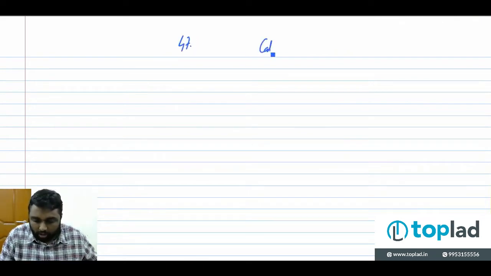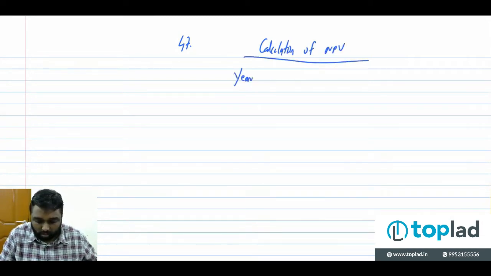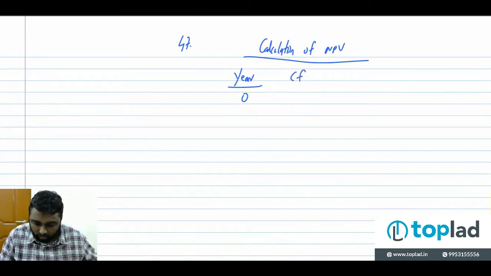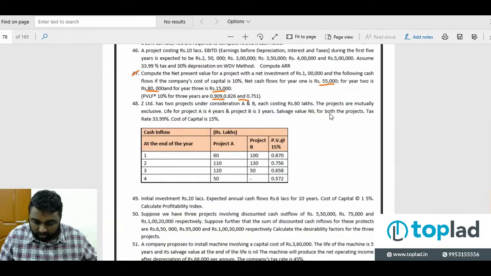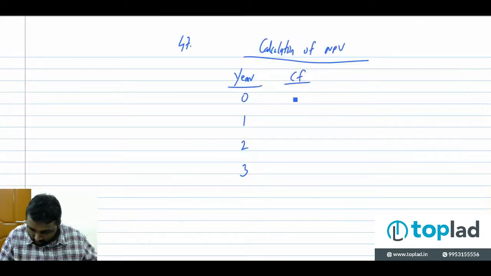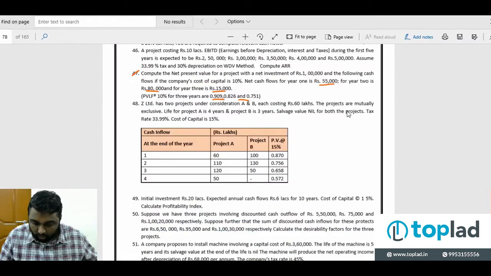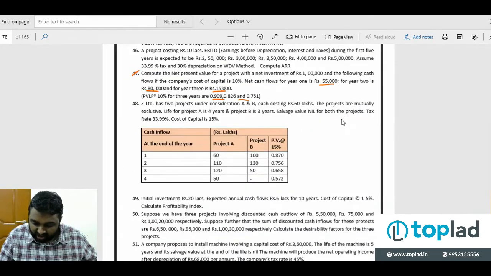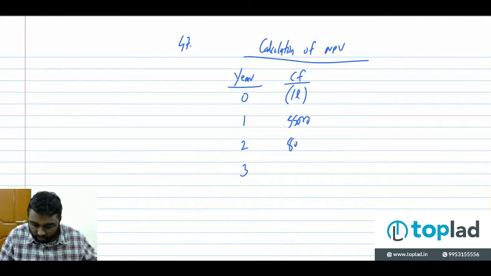So, calculation of NPV. Year 0, what is the cash flow? Years 1, 2, 3. Year 0, the cash flow is 1 lakh. First year, 55,000. Second year, 80,000.